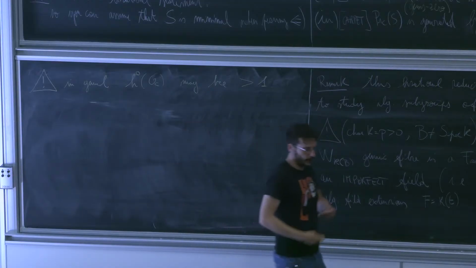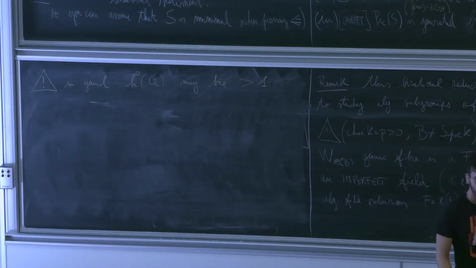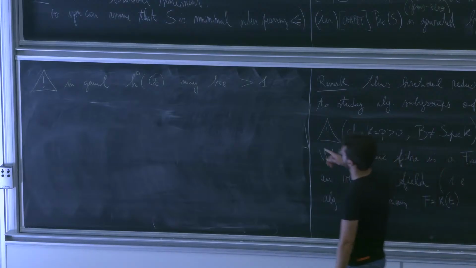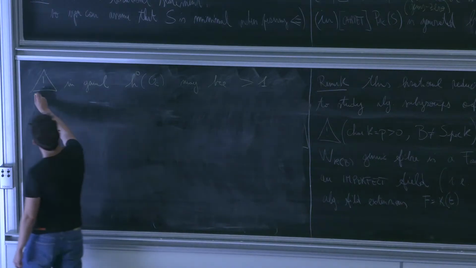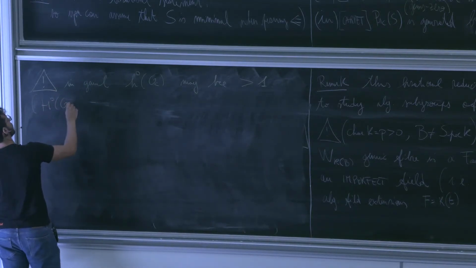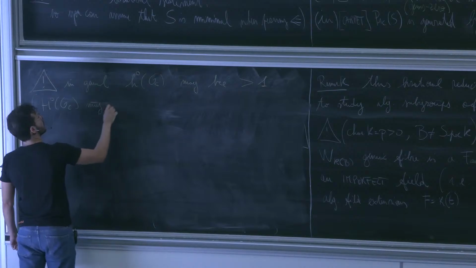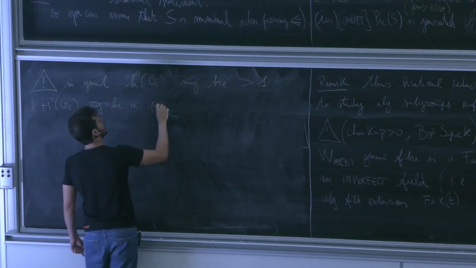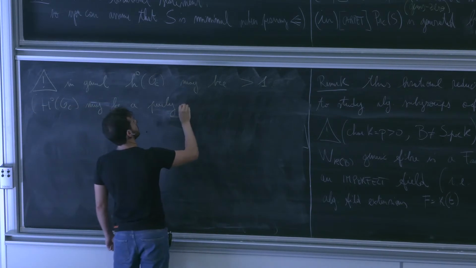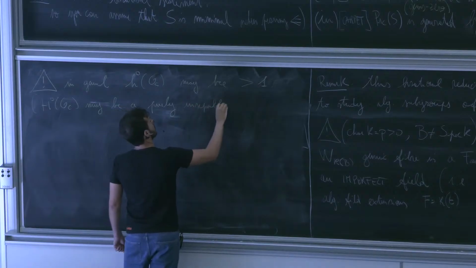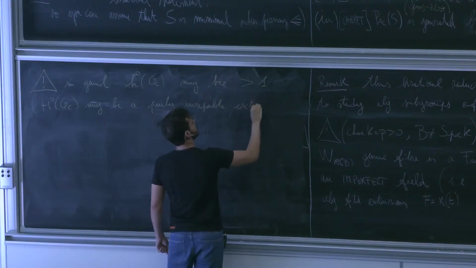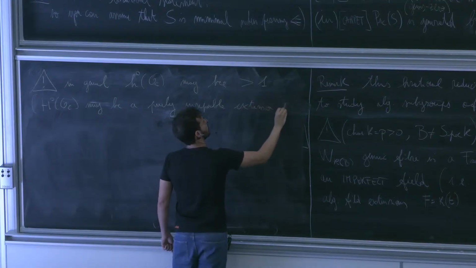You could have, like, this curve has some constant field extension. This actually happened. If you want, H naught of OC may be a purely inseparable extension of the base F.